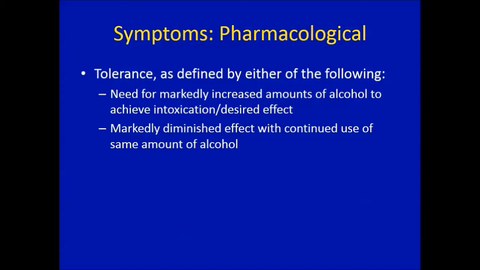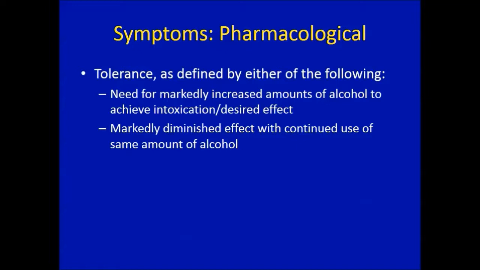So they might continue to drink 3 to 4 drinks in every drinking episode, but as opposed to their early level of moderate intoxication when drinking that amount, over time they might experience lower and lower levels of subjective intoxication. So both of those, either increasing alcohol consumption to maintain a level of intoxication or maintaining level of alcohol consumption with diminished intoxicating effects, would be evidence that a person is developing tolerance.